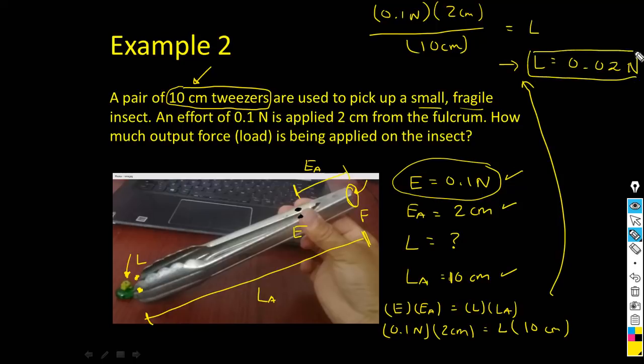So this is the answer. So this is the force that is being applied on the insect at the other extreme of the tweezers. Okay, I'm applying right here at this point a force of 0.1 newtons, which is quite small. I'm being very gentle on this insect, but that force, which is already gentle, is being reduced even more. Look, 0.02 newtons, even more, so that you don't kill this thing.